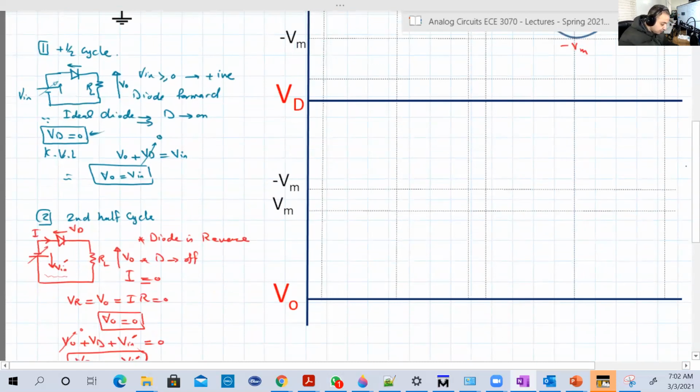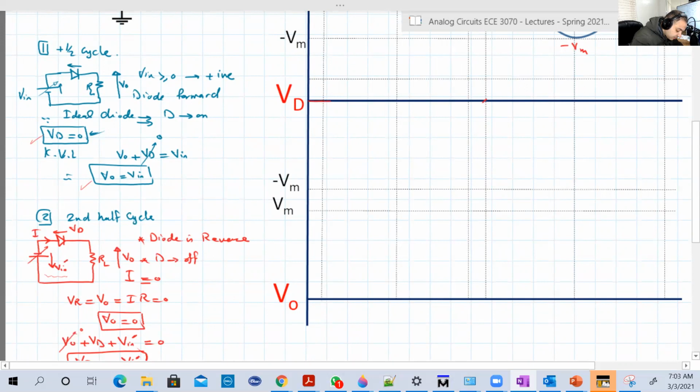Okay, so let's now draw such outputs. So let's start with the first half cycle, which we can call the positive half cycle. In this half cycle, VD is 0 and VO is equal to V input. So let's start with VD because this is the easier one.